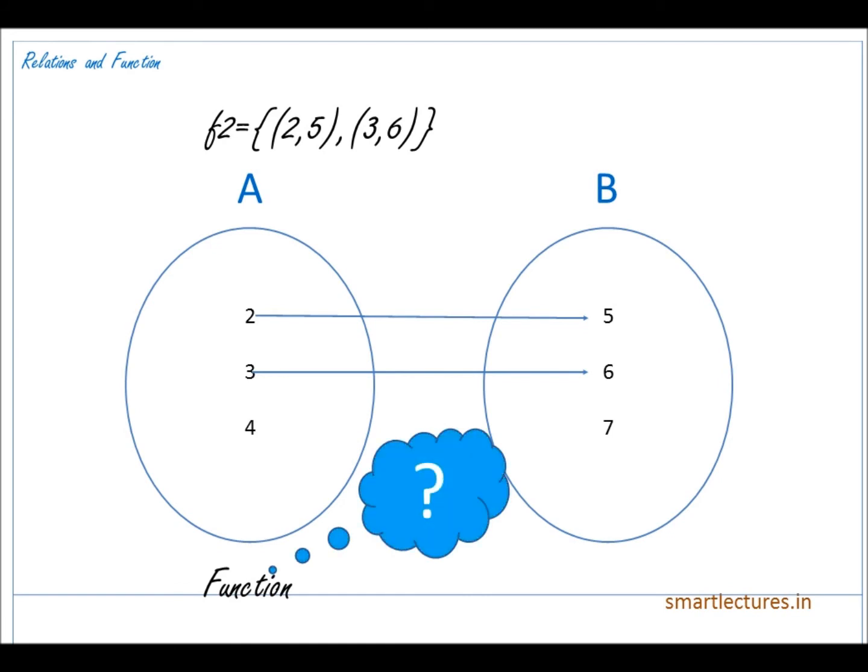Here you can see 4 is not associated with any element in set B. That means the element 4 in set A has no f image in set B, or we can say the function has no value when a is equal to 4.